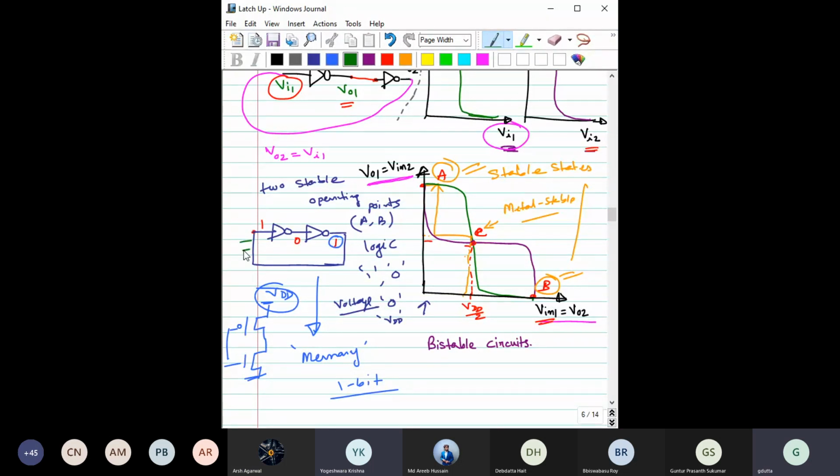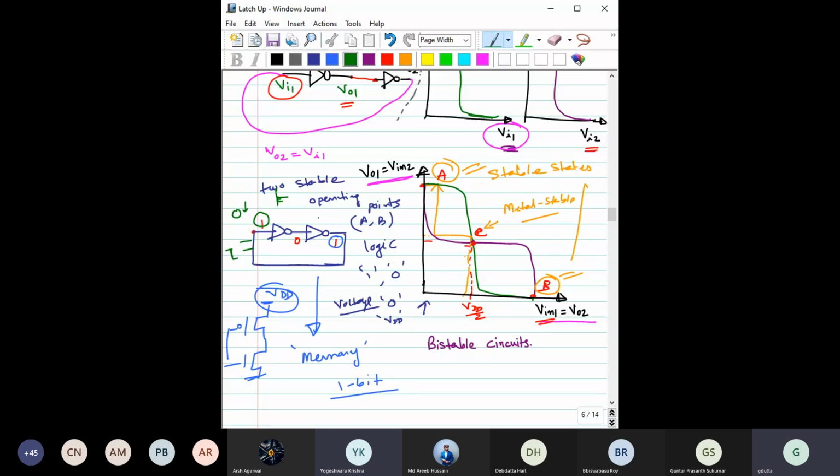Now you have to apply a 0, so basically you are forcing this to go to 0. That is true for a certain duration; for a certain duration you have to apply that pulse, because this has to propagate here, then propagate to the next one, and only then will it remember. If you disrupt that supply or that impulse before that, then it is not going to work.